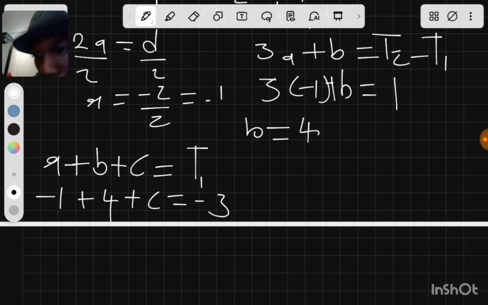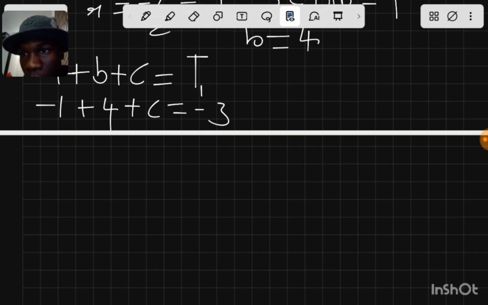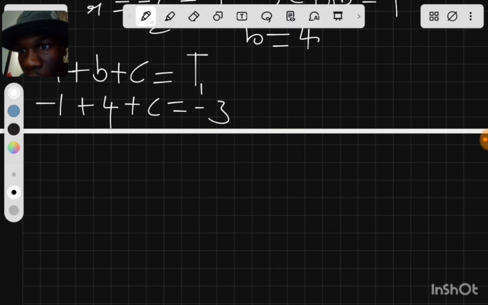So we are going to have this, and this gives us minus 3. So C is equal to minus 3 minus the positive 3. Minus 1 plus 4 is positive 3.